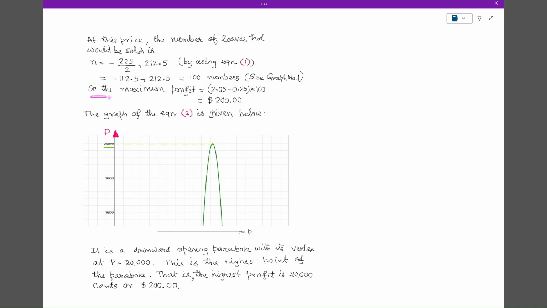So the maximum profit will be 2.25 minus 0.25, multiplied by 100, that is equal to $200.